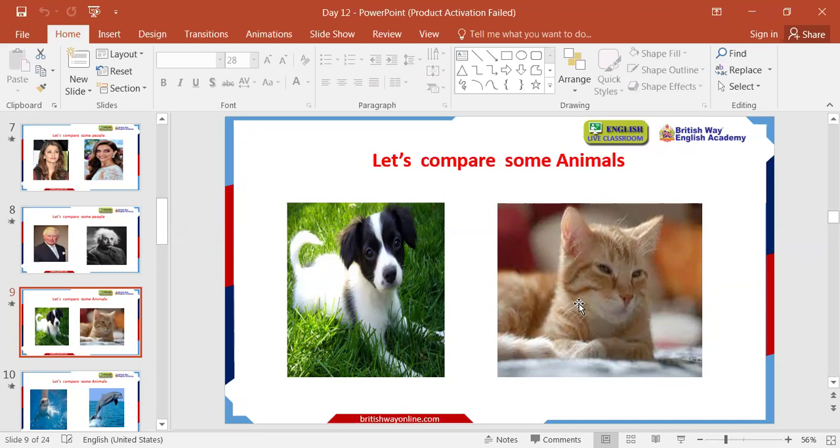The dog is bigger than cat. Dogs are more loyal than cats. Dogs are more innocent than cats.